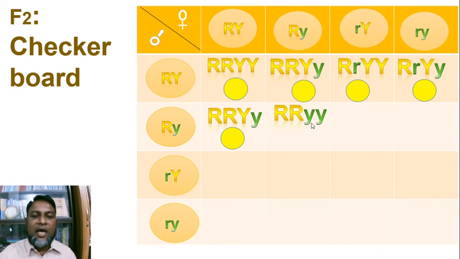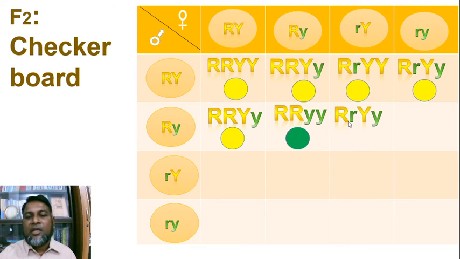Capital R, small y. Here y is recessive, so these seeds are round but green. Genotype is capital R, small r, capital Y, small y; seeds are round and yellow. Capital R small y: these seeds are round but green.